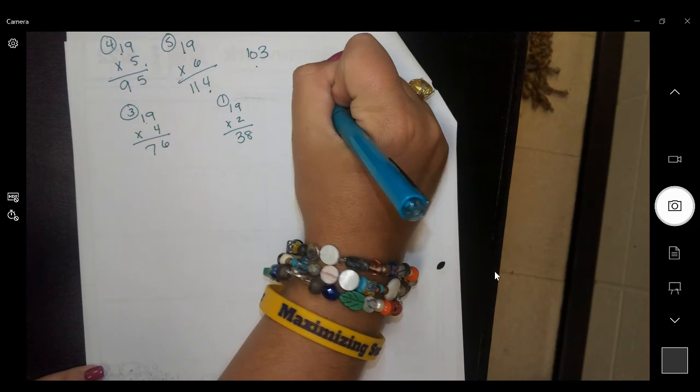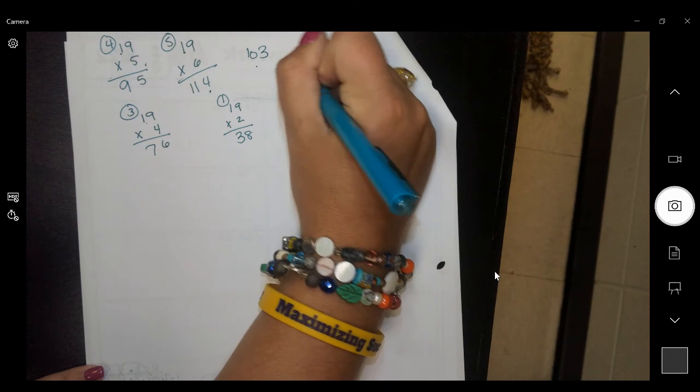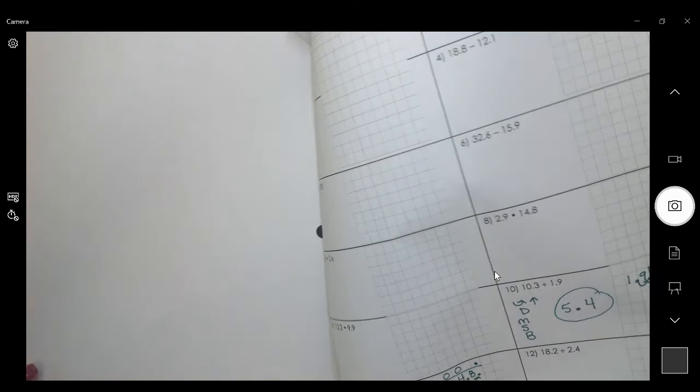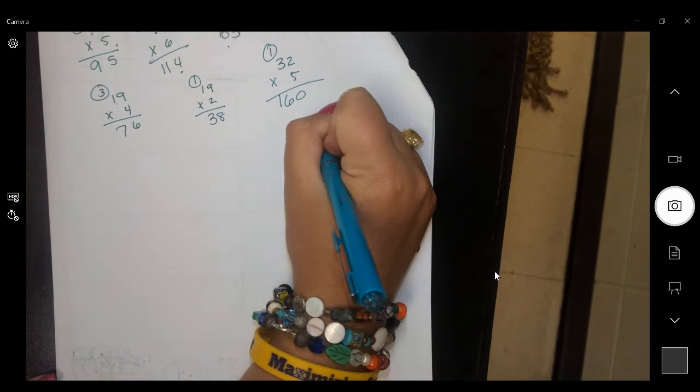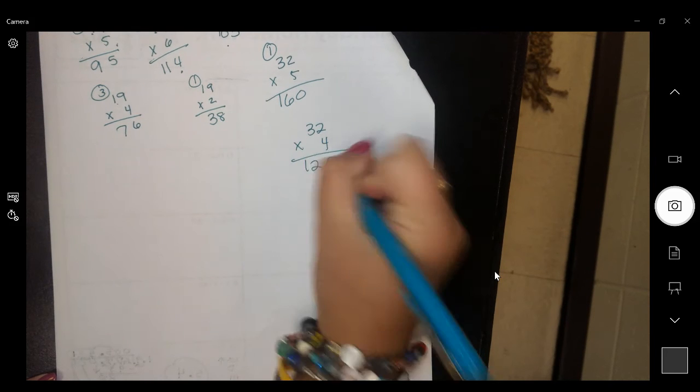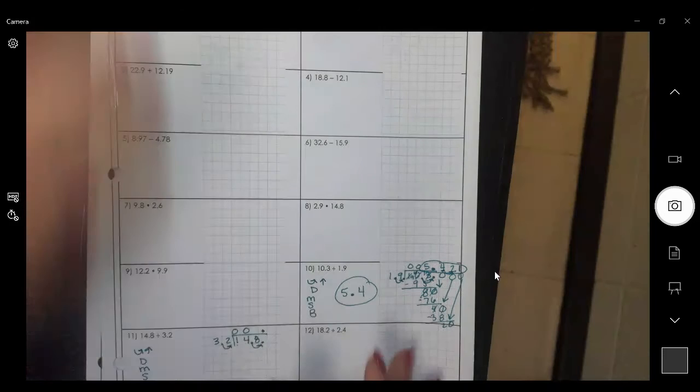So 32 times 5, 0, 10, 16. Gives me 160. That's a little too much because I'm looking for 148, so I'm going to have to back it up. 32 times 4 gives me 128. That I can work with.